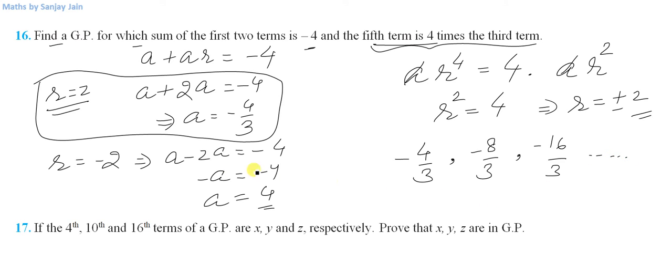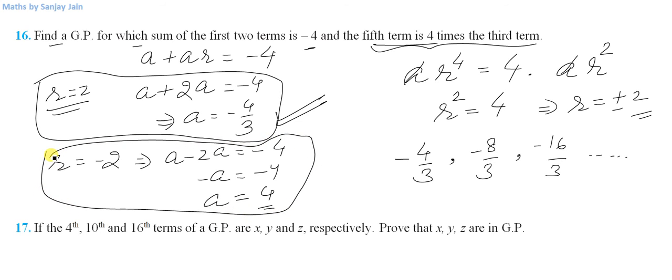This will be the GP in the first case. And if this is the case where R is -2 and A is 4, what will be the GP? I'll start with 4, multiply it with -2, so I'll have -8, multiply it with -2, I'll have 16, and so on. So these are the two possible answers to this question.